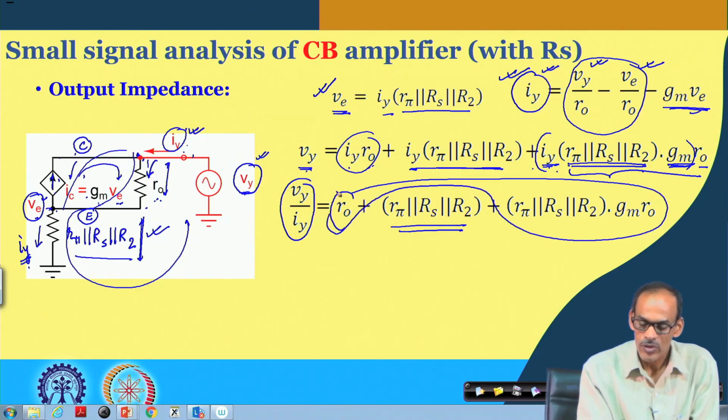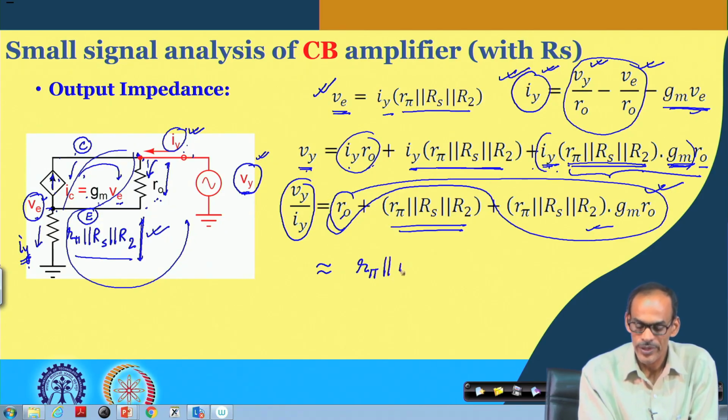In fact, compared to this part, it is very small. It is rather, I should say, this is dominating. So, we may approximate this by R pi in parallel with R s in parallel with R 2 into G m R naught.